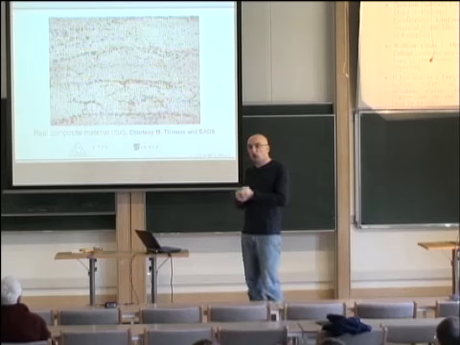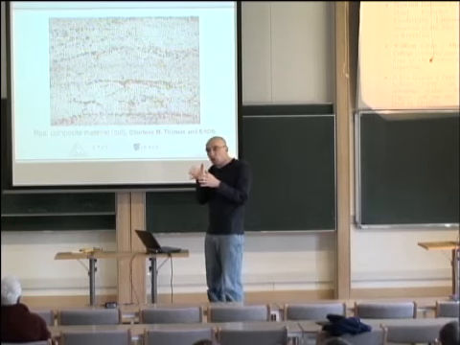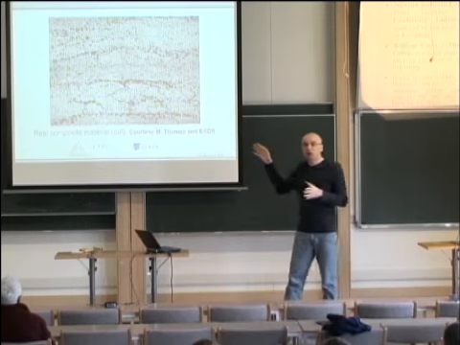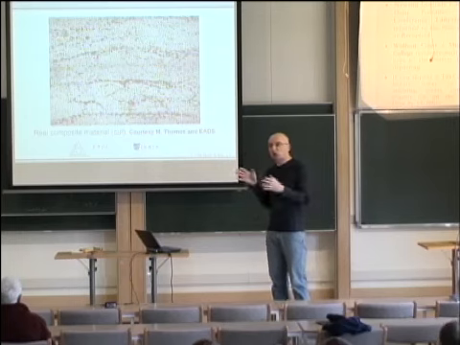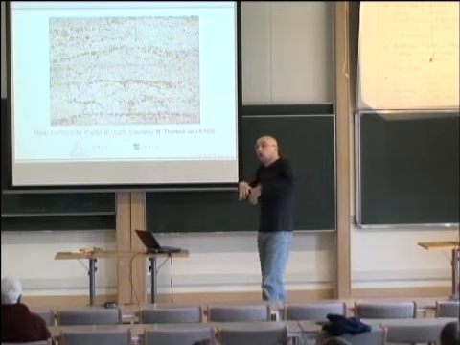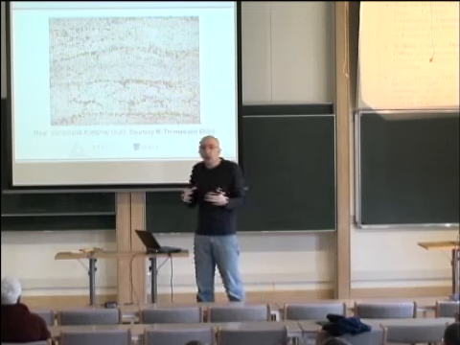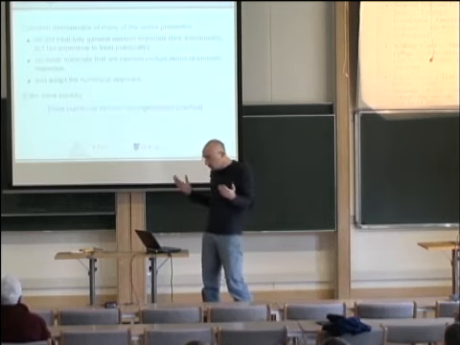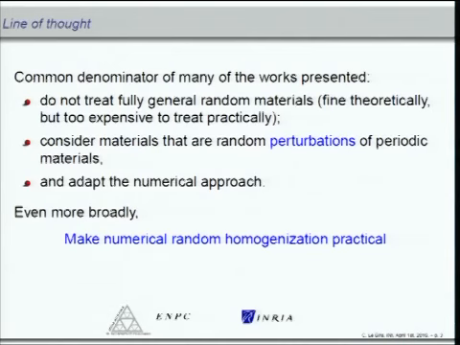So what I would like to do is try to find a compromise between being general enough to be able to treat such a structure and being not fully general so that I can compute numbers. The common denominator of many of the works presented is exactly that compromise, and more broadly, it's to contribute to making numerical random homogenization more practical.